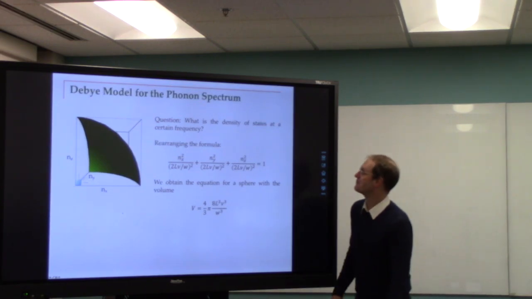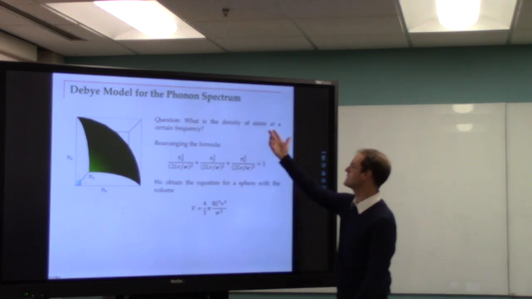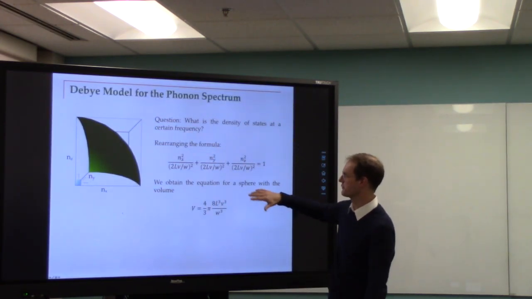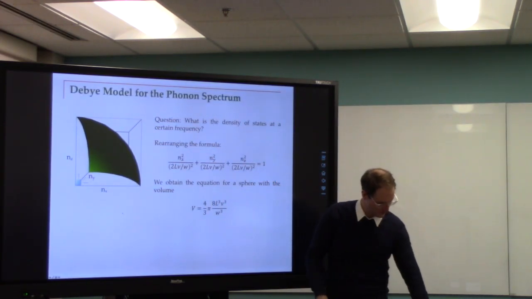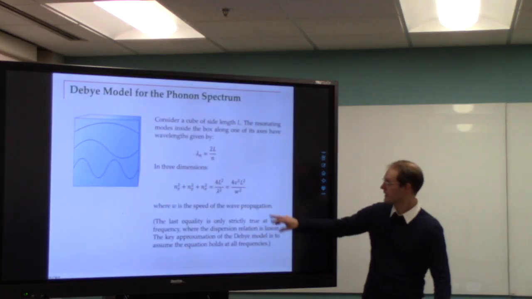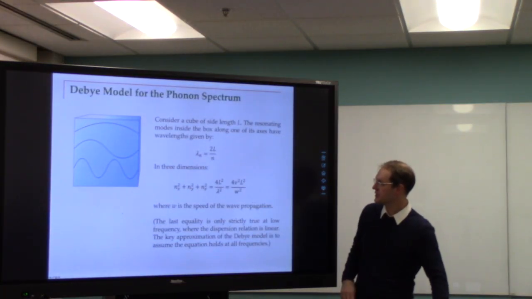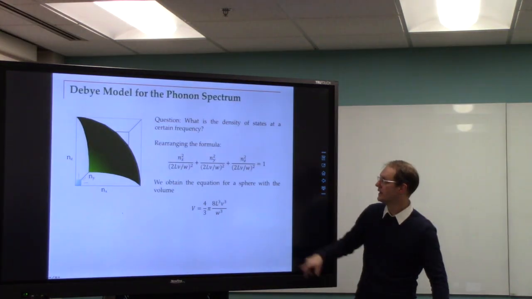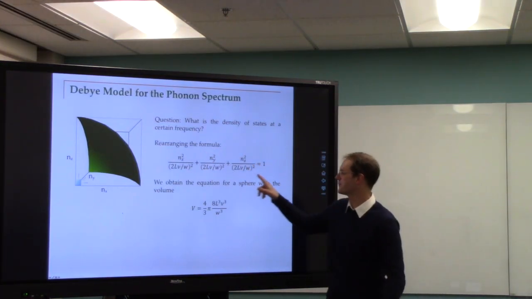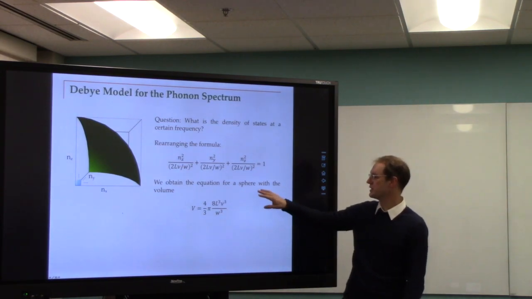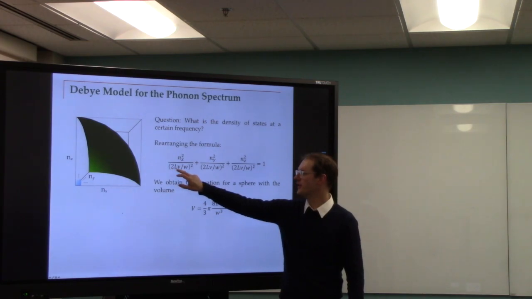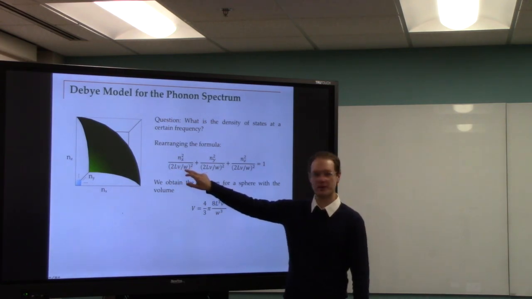Okay, so we want to know what's the density of states at a certain frequency, or the density of phonon modes at a certain frequency. And so if we take this formula here and rearrange it, we can divide by the right side of the equation, and this is what we get. And this is actually the equation for a sphere of radius 2L nu over w.